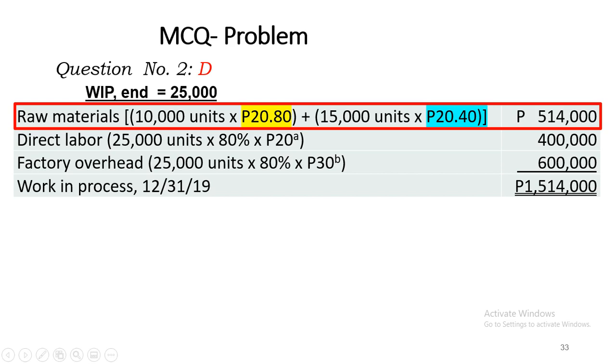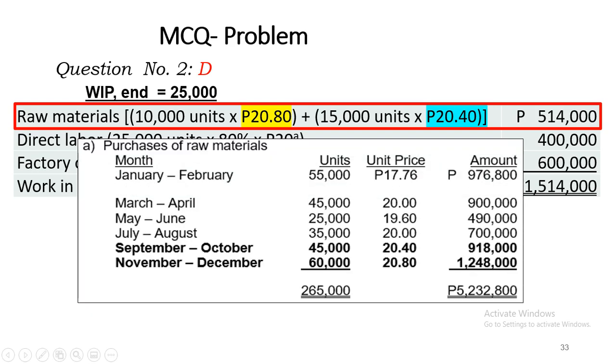How come it is this one? Take note, we have discussed already that raw materials are priced in accordance with the FIFO method, so the latest purchase price. That's why the 60,000 latest purchase was already deducted by 50,000, so the remaining amount is 10,000. And for the first 10,000, the basis is 20.80.